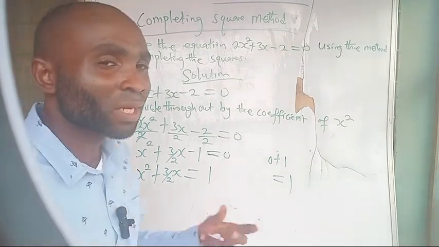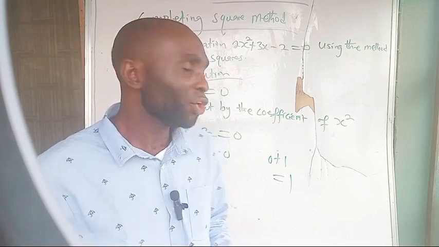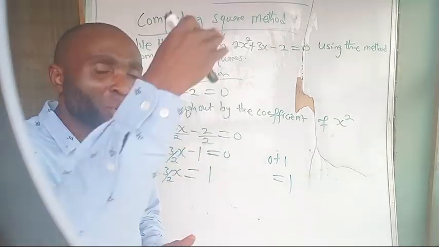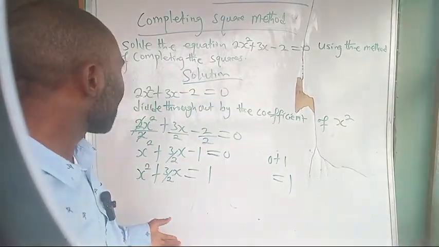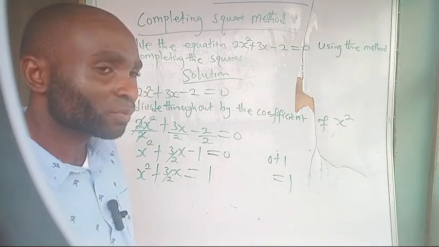Okay? So now, the next step is for you to add to both sides of the equation the half square of the coefficient of x.